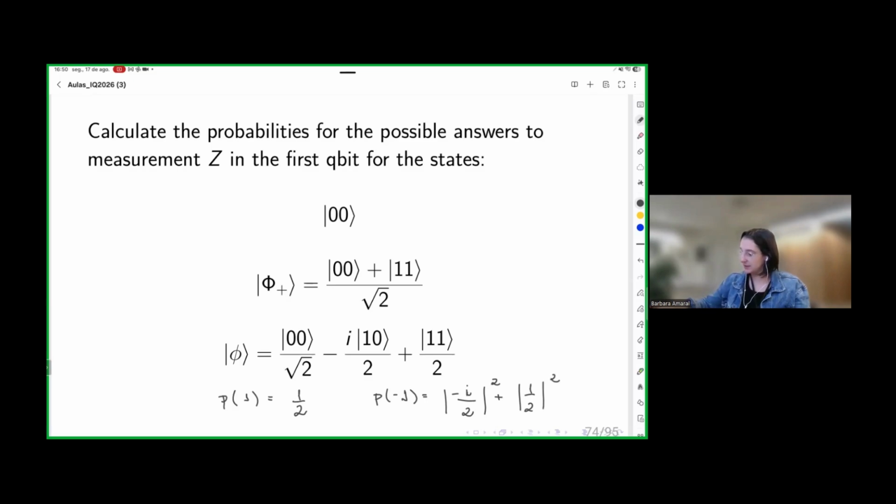So now I'm summing, I'm looking at these two coefficients here, and this is equal to 1/2. Okay, so now that I have the degeneracy, I'll have to look at more than one element in that linear combination. Okay.